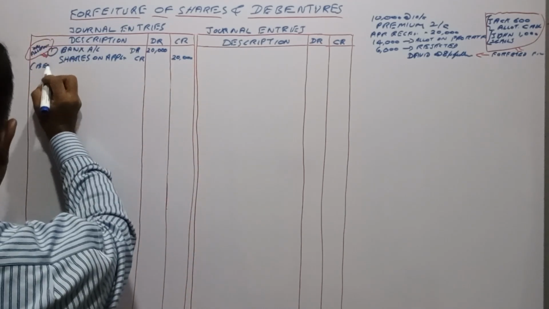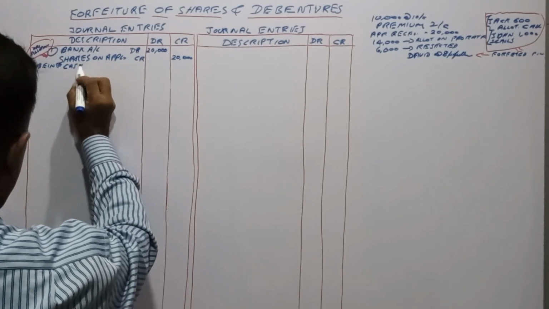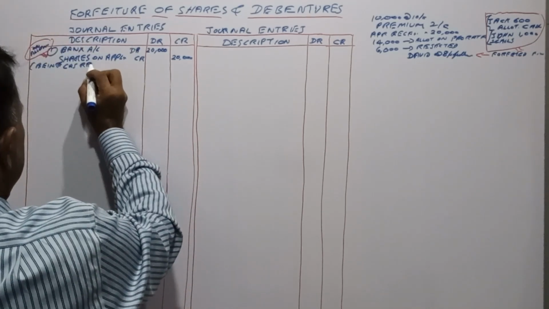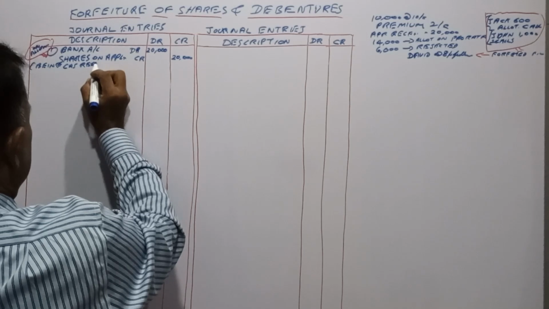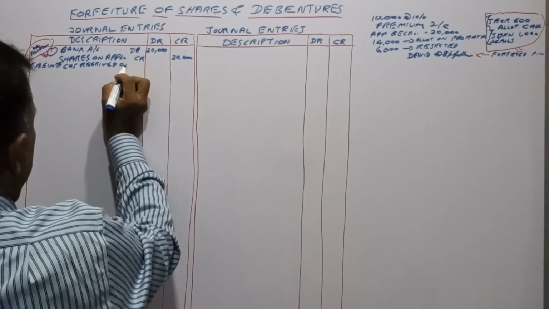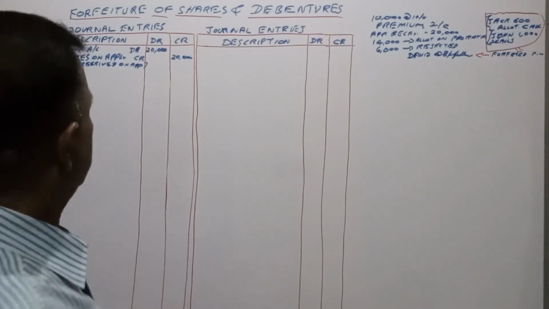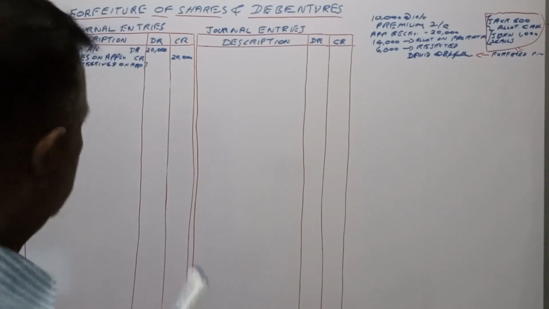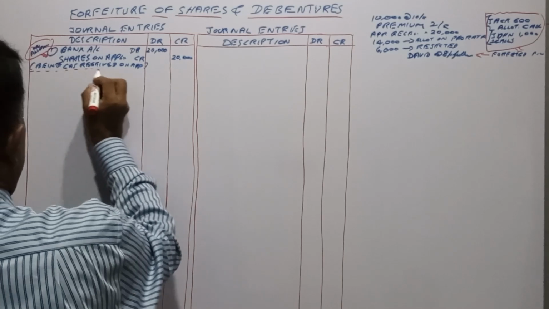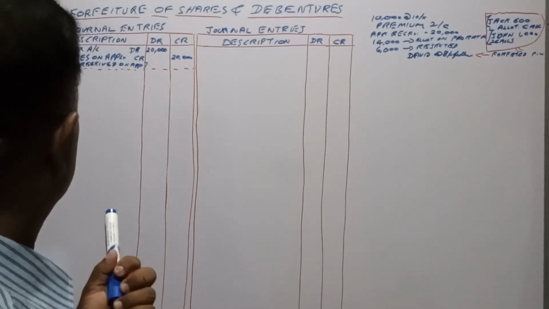Being cash received on application. Have to write it clearly, right?